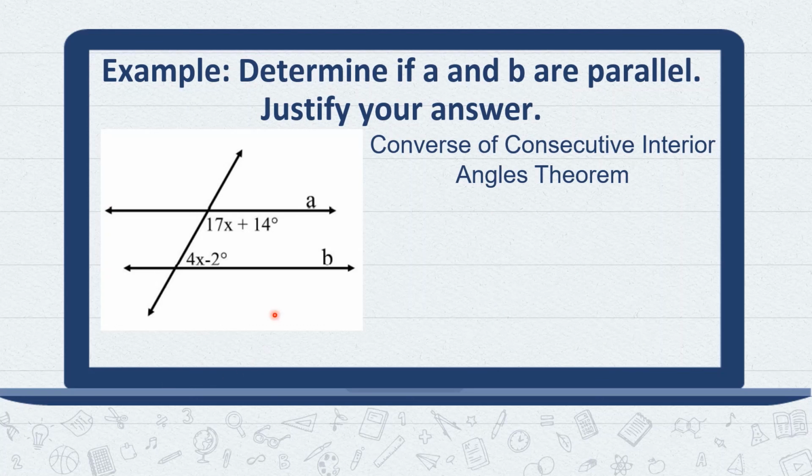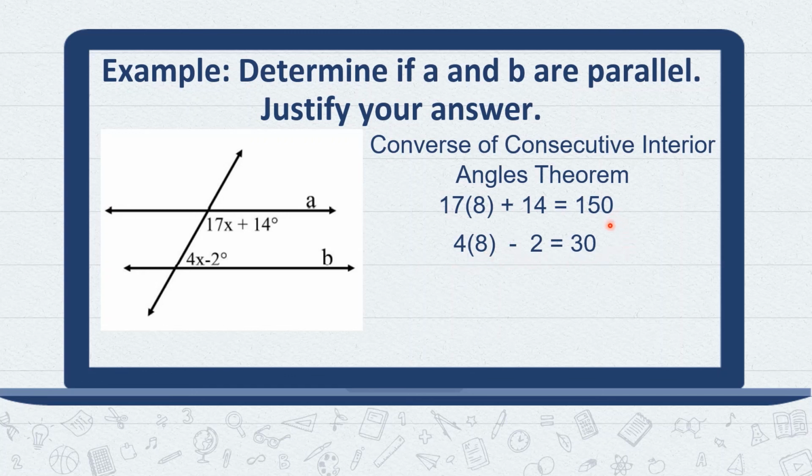Now, let us check if these two angles are supplementary by substituting the value of x. Since x is equal to 8, using this expression, we have 17 times 8 plus 14 is equivalent to 150 degrees. And we have 4x minus 2, so substitute the value of x. 4 times 8 minus 2 is equal to 30.